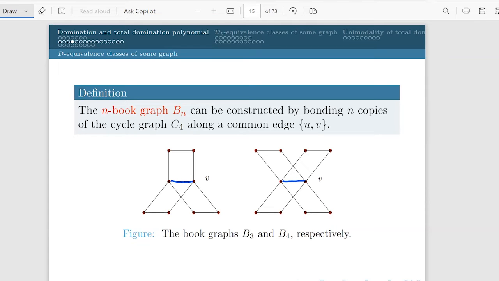Every C4 is a page of this book. And you know that we can obtain this book graph by the Cartesian product of some specific smaller graphs.